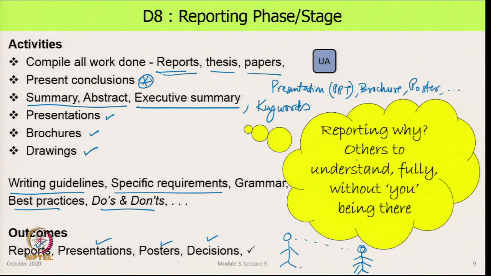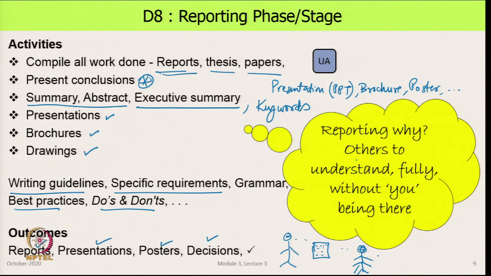And although we can talk, do Skype and Zoom, still in the end, what will go is a written document. This gets archived and everybody has access to it, which means that what this person wants to convey, this person should be able to understand without any ambiguity, without any doubts.